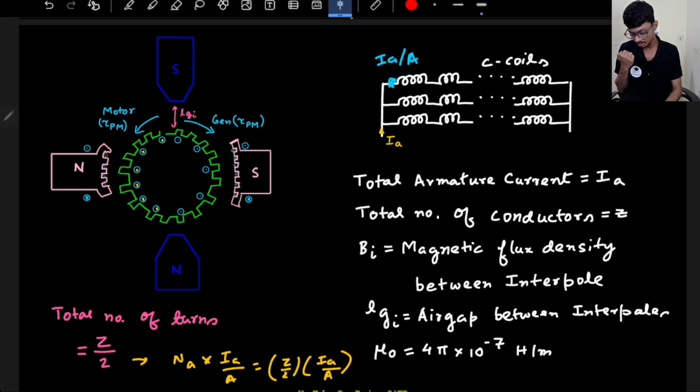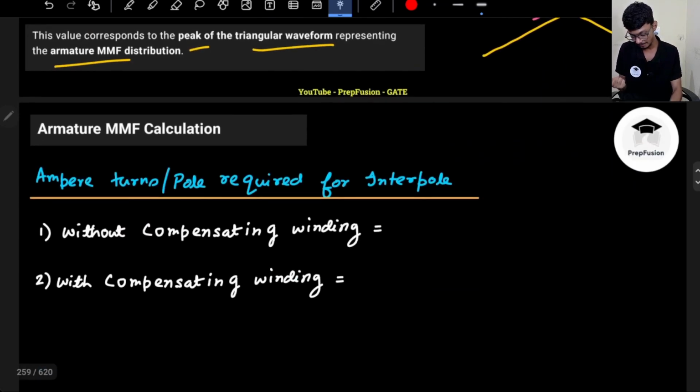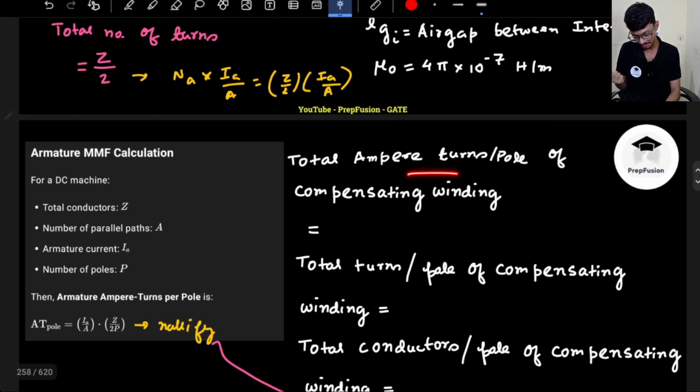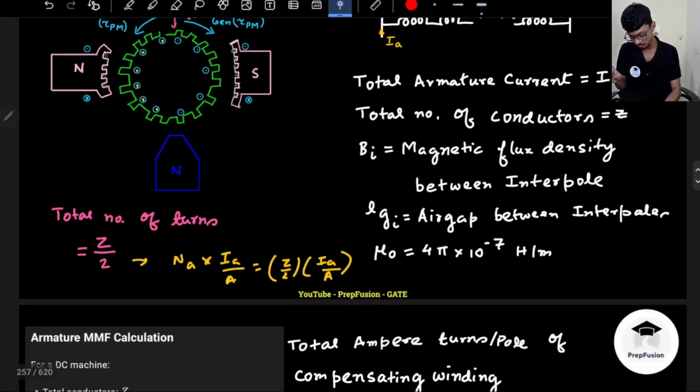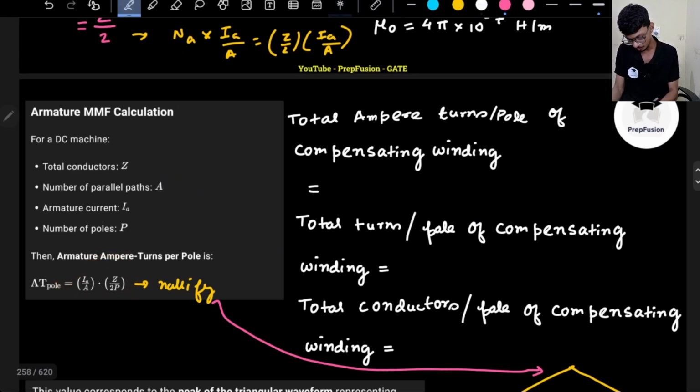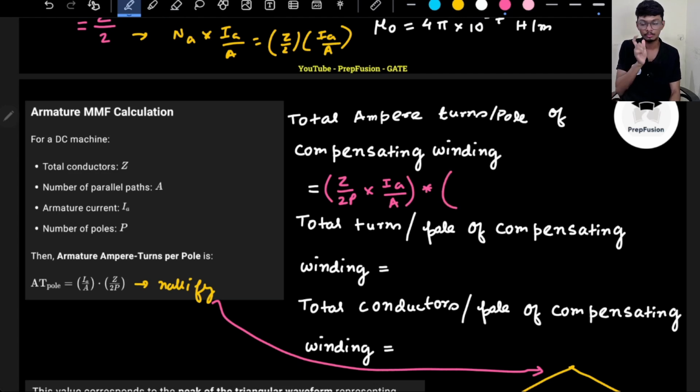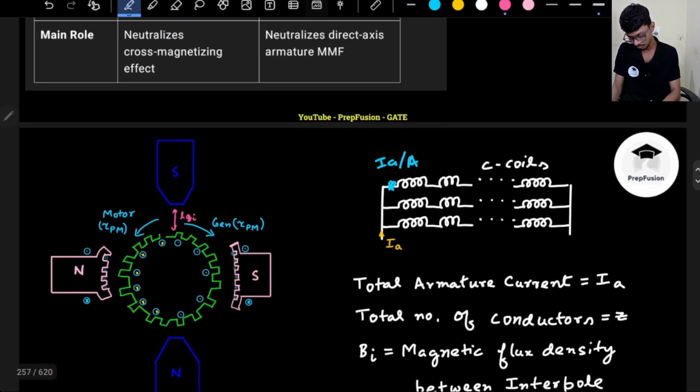It is not covering the whole 180 degrees mechanical, it is only covering this much. So we will use the same formula: total ampere turns per pole of compensating winding will be Z by 2P into IA by A, into the pole arc upon pole pitch, because I am not covering the whole pole pitch here, right?